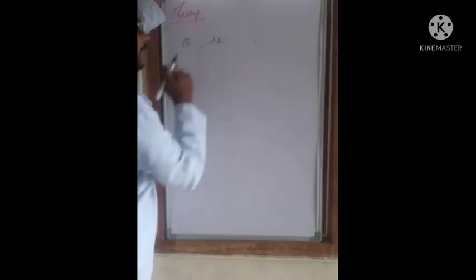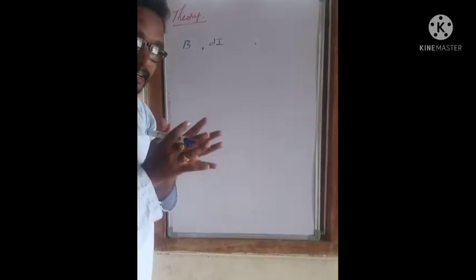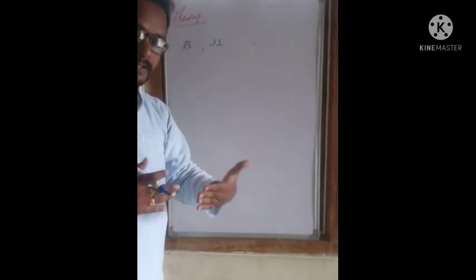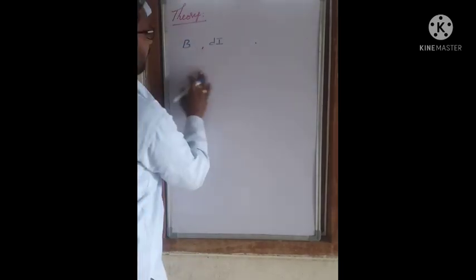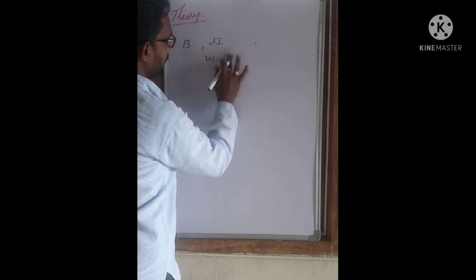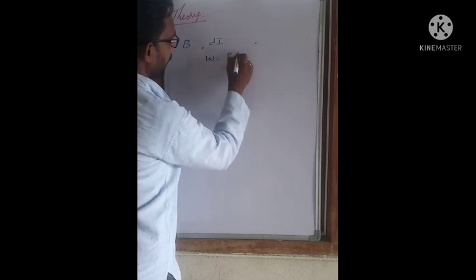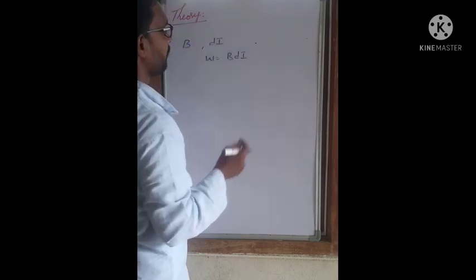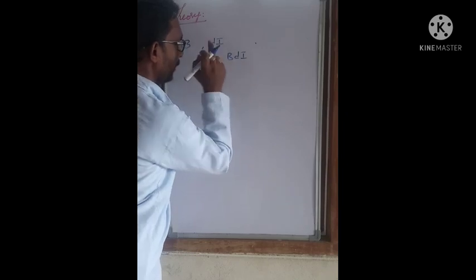B is the magnetic field density, dI is the change in intensity of magnetization, and the resultant work done during the magnetization process, done externally, is W equal to B dI. The work done by the magnetic field on the substance is W equal to B dI.